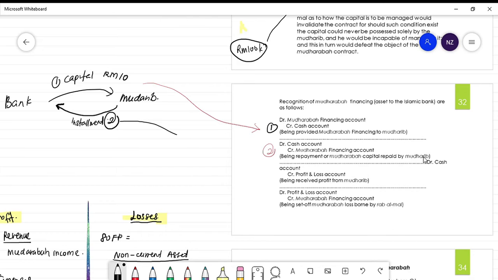This is the second journal we need to record. When we receive the installment from the mudarib, we receive cash, right? That's why we debit the cash account here, because we receive from the mudarib a certain amount of cash that represents the installments of the capital. And then, because the installment has been paid, our capital, or our mudharabah financing account, will decrease.